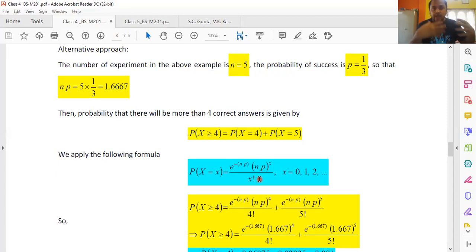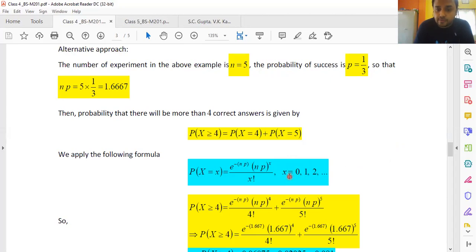The only difference is that in the binomial probability law, x started from 0 and went up to small n. Here, x can take any value starting from 0 and going up to infinity.